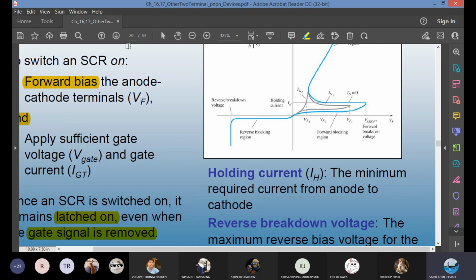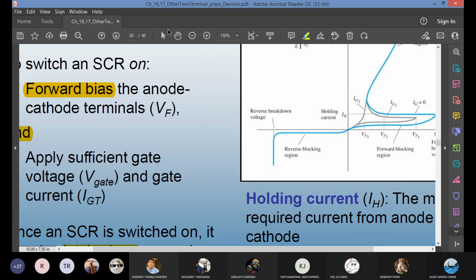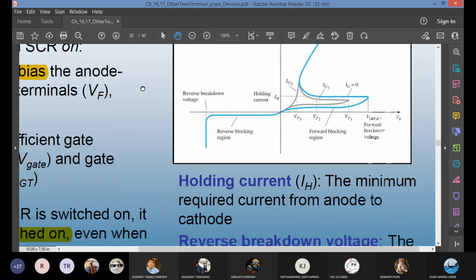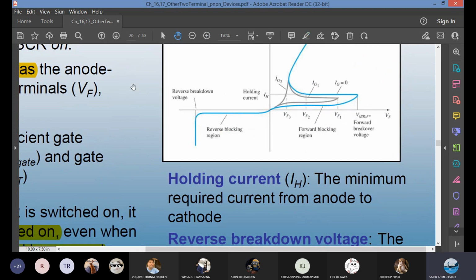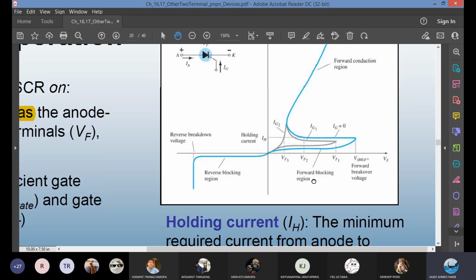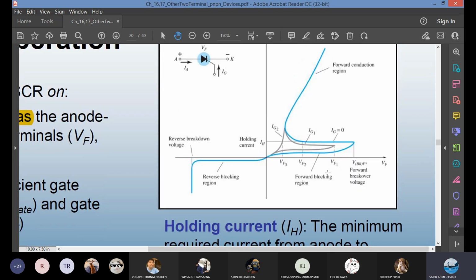There are a few parameters here: holding current, reverse breakdown voltage, forward breakdown voltage. The holding current is the minimum amount of current you need from anode to cathode. There's a forward blocking region. In this region, the SCR does not conduct fully. And then there's a forward breakover voltage, V sub BR.